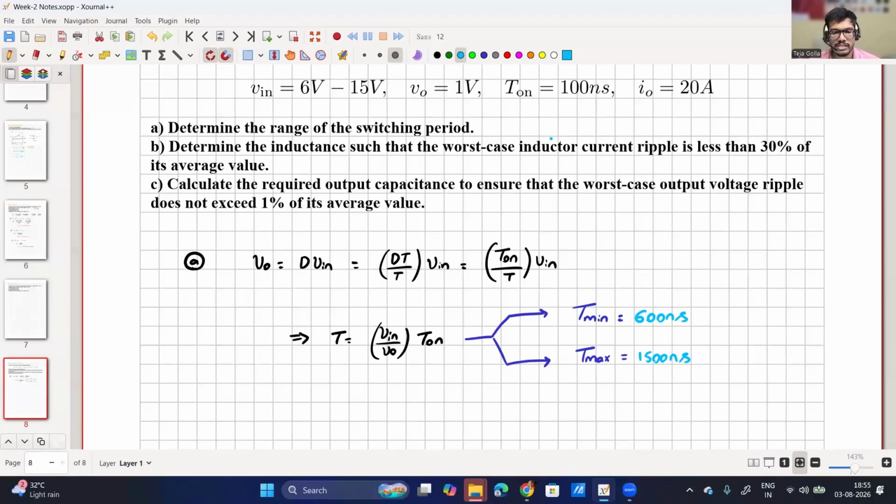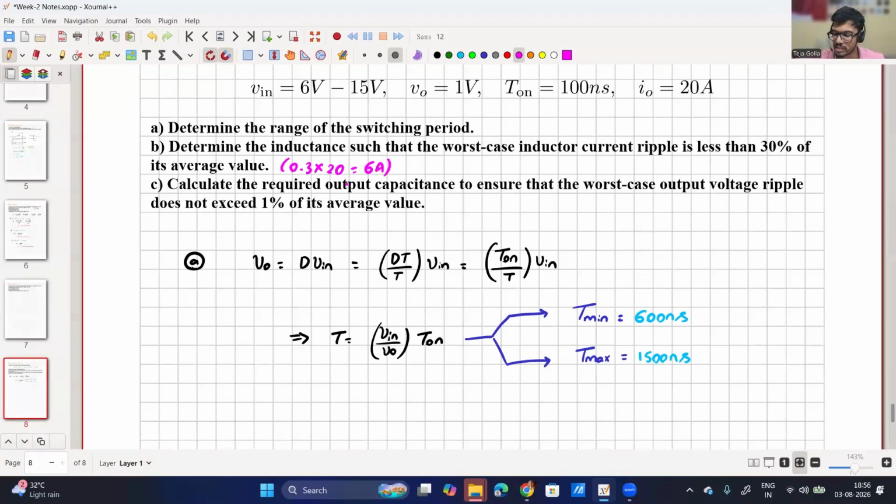Okay, now they're asking to determine the inductance such that the worst case inductor current ripple is less than 30% of the average value. So 30% of the average value is 0.3 into 20 amperes. So current ripple is 6 amperes.